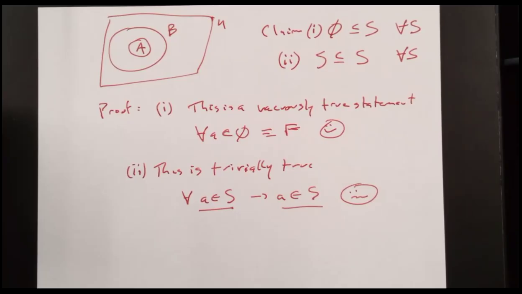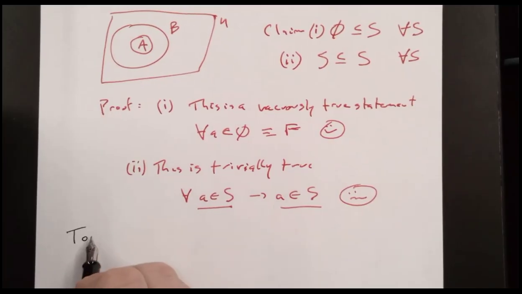Showing containment, showing that one set is contained in another, is the basis for showing two sets are equal. I want to show that every element of the first set is in the second set.